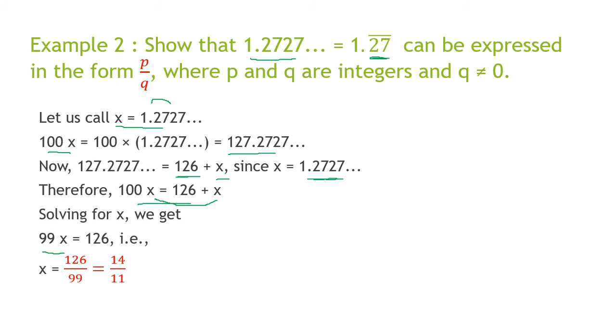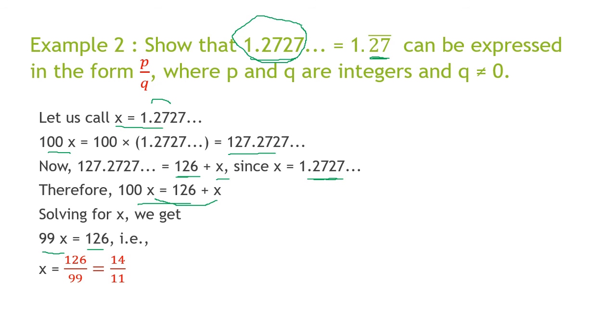So 99x equal to 126. x equal to 126 upon 99, or 14 upon 11. You can take a calculator, divide 14 by 11 and check whether you get this number. So here again, a non-terminating recurring decimal has been converted to p by q form, which is a rational number.